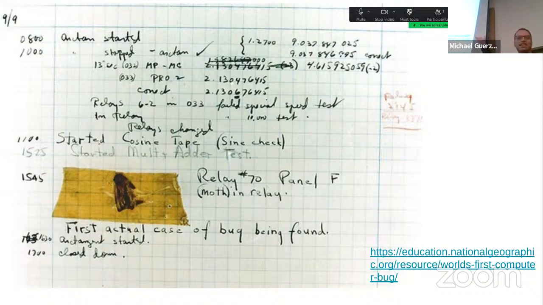Well, this is evidence that that's clearly not the case, because it says first actual case of bug being found, implying that there were metaphorical bugs before. But anyway, a cool piece of history. This would be a moth that was stuck in apparently relay number 70 in the machine they got going in 1948.